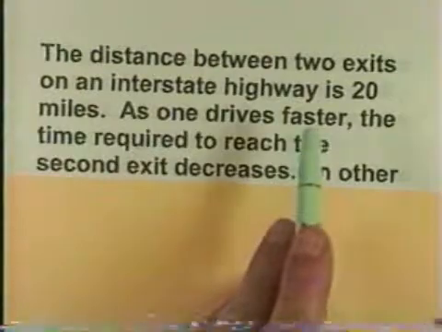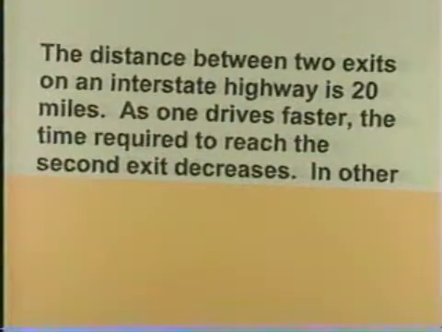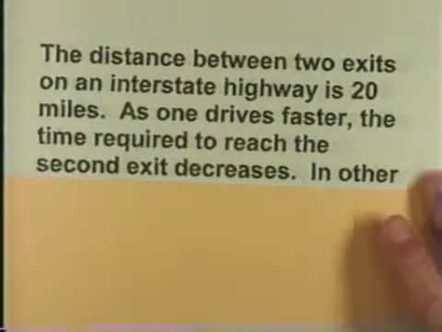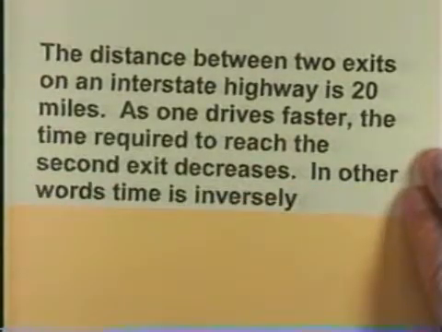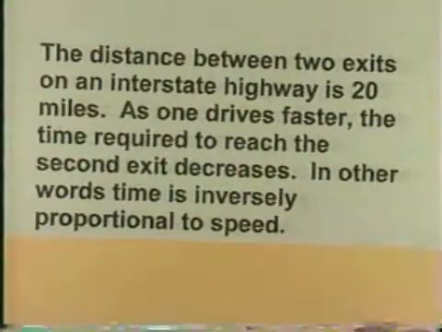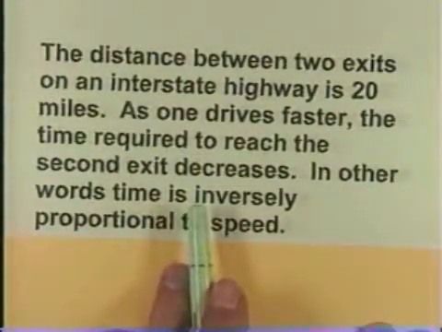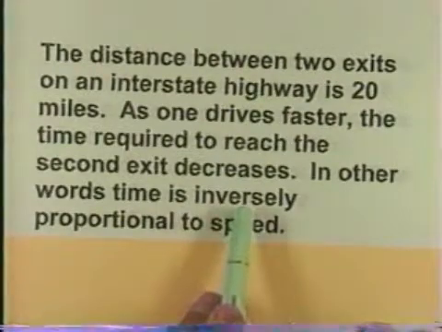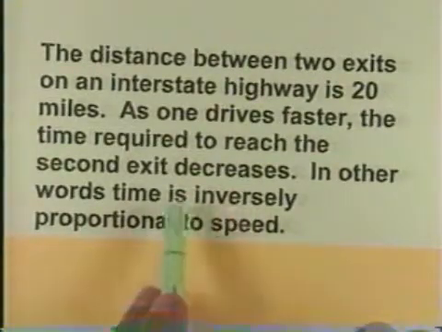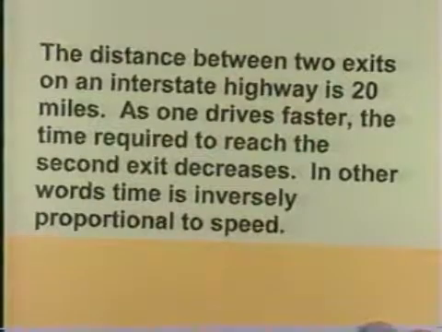The faster you drive, the quicker you're going to get there. In other words, time is inversely proportional to speed. Speed increases, time decreases. So that's what we mean by inversely. As one increases, the other one decreases.